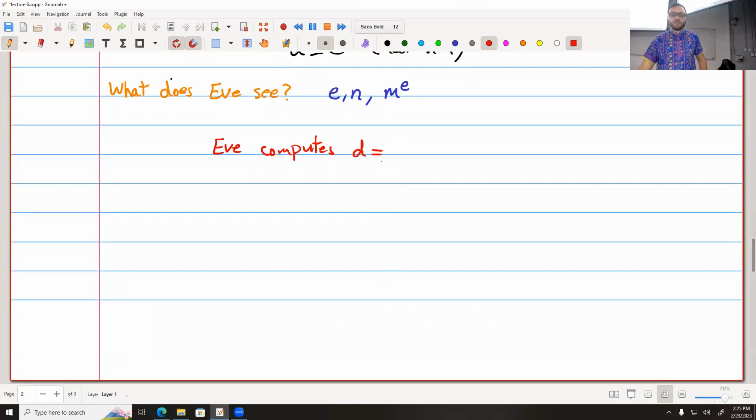Okay, I can compute D, which is E inverse modulo n minus 1. And again, computing the inverse is just an extended Euclidean algorithm, a super easy thing to do. And also the same thing that Alice did when she was generating the keys. So Eve now has the secret decryption key D, and then she can decrypt the messages just like Alice.